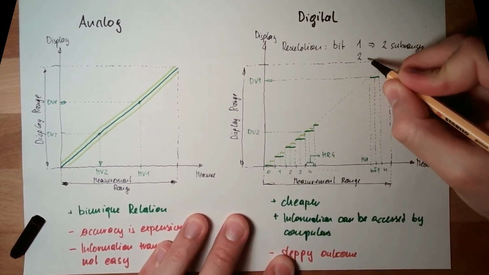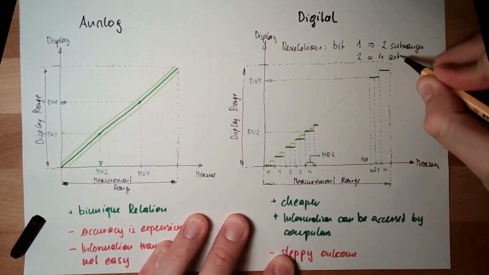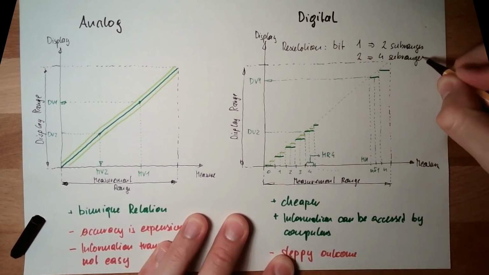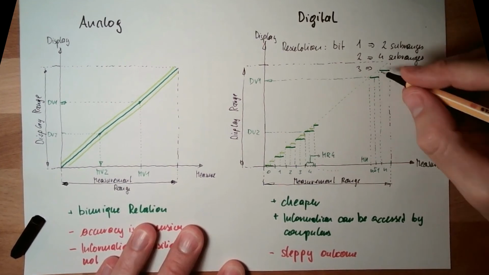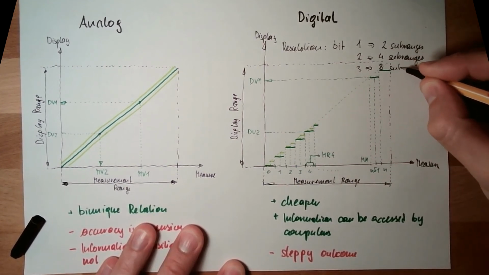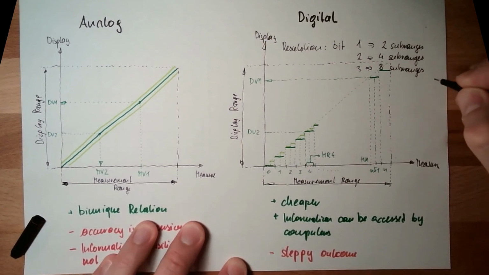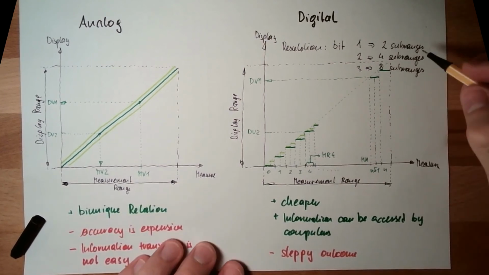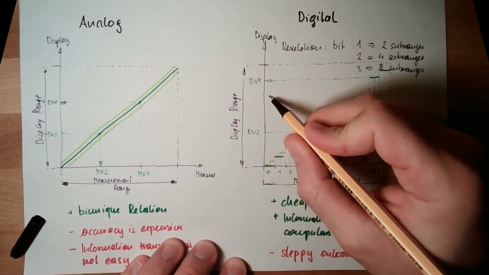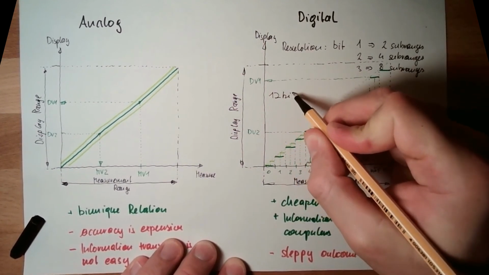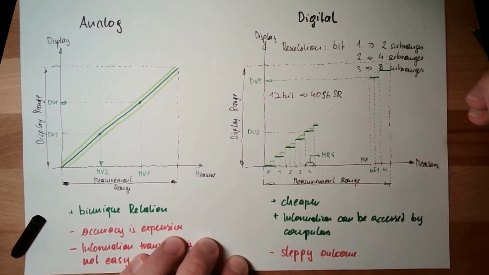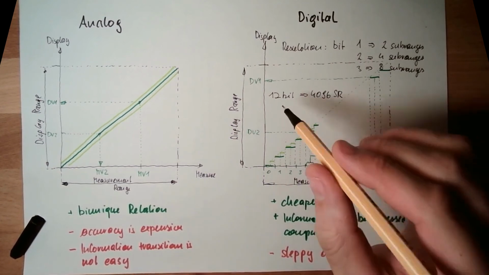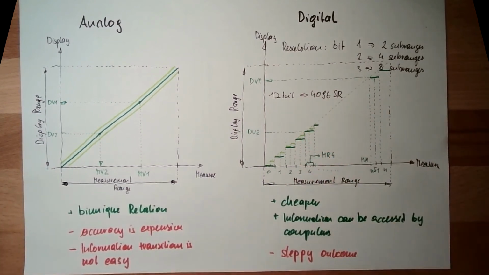If I have 2 bit, I have 4 sub-ranges. If I have 3 bit, I have 8 sub-ranges, and so on. Quite usual is 12 bit. This means then 4096 sub-ranges. This is a very common digital resolution.